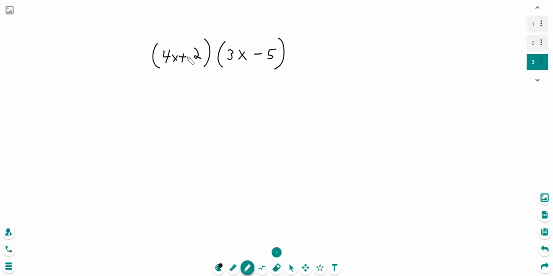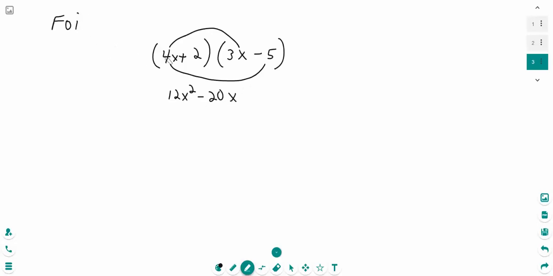All right, so let's do our FOIL. FOIL, F first. 4x times 3x is 12x squared. Don't do the same thing I did and forget to multiply those x's. It's got to be x squared here. And then we have our outside. 4x times a negative 5 is going to be a negative 20x.